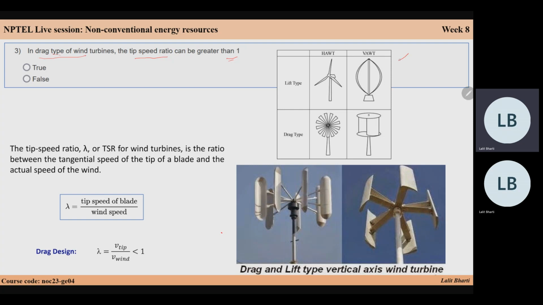In this picture, the first one is lift type and the second is drag type; these are horizontal and these are vertical.